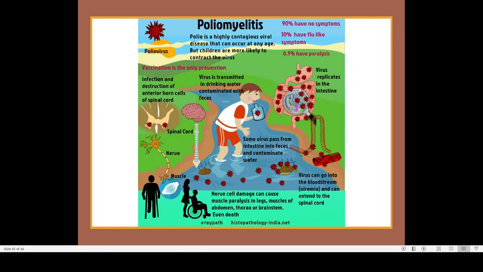Here you can see that in polio, 90% have no symptoms, 10% have flu-like symptoms, and 5% have paralysis. The virus replicates inside the intestine, goes into the bloodstream and extends to the spinal cord.